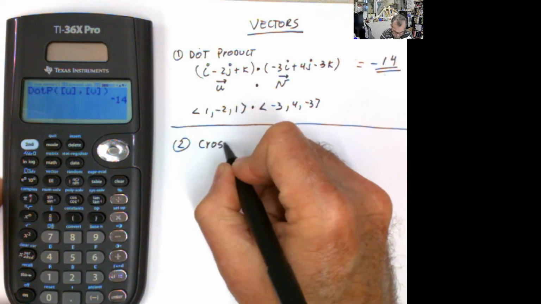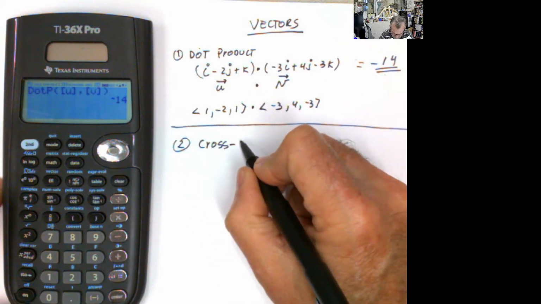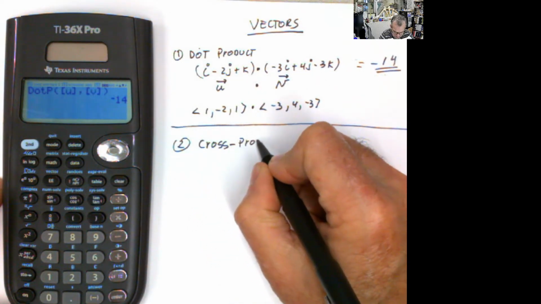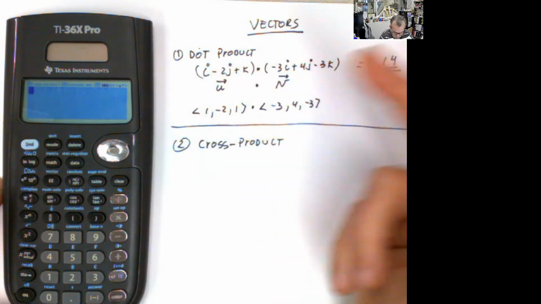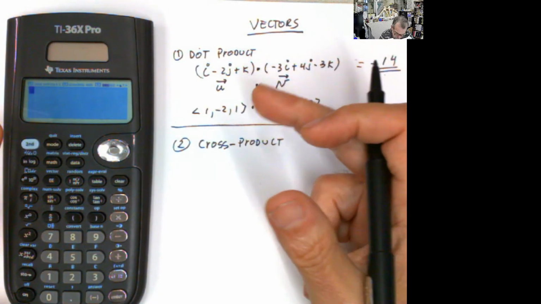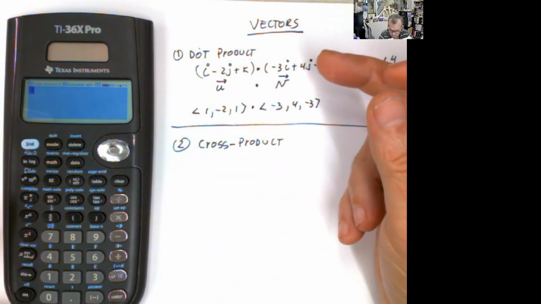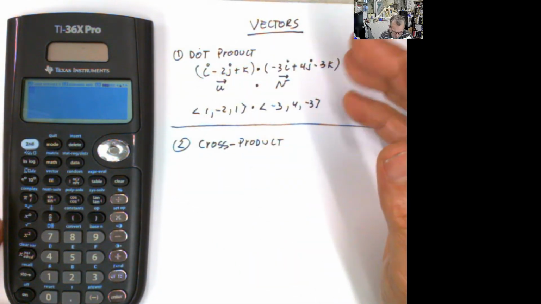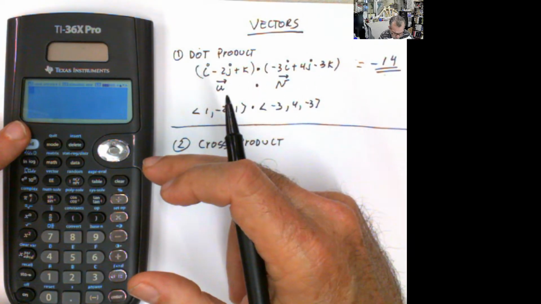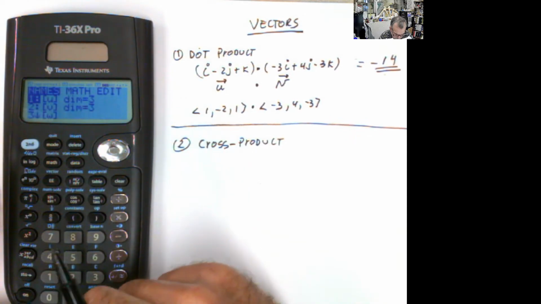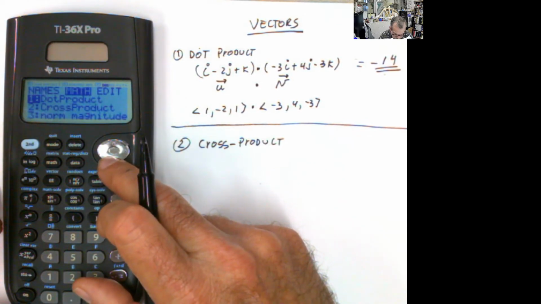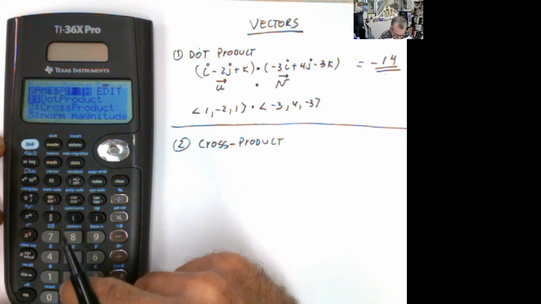Now let's say that you have to do the cross product. I didn't do this by hand, so I don't know what the result is, but I already have these two vectors stored. So it will be the same process: you put the first vector, you put the second vector. And then you want to do the cross product. Well, you come here to vector, you go to math, and you go to cross product, which is the second one.